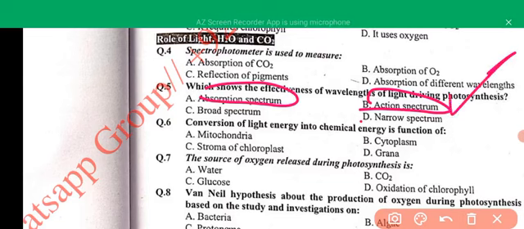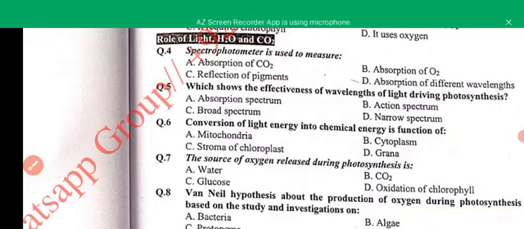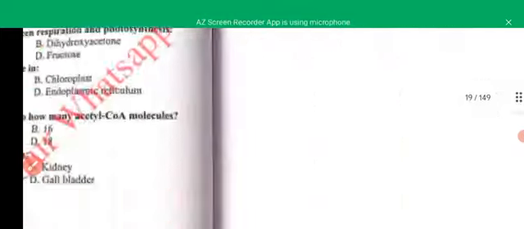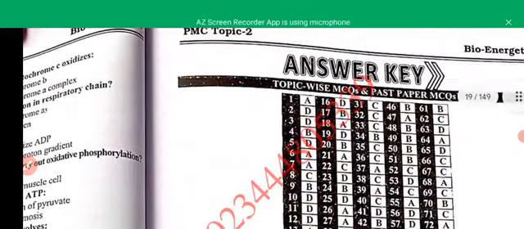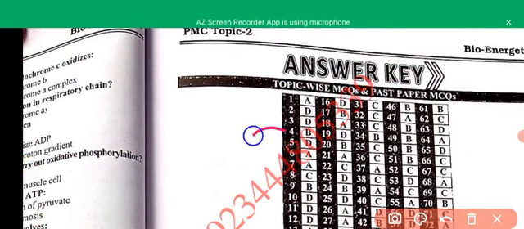So the correct option is action spectrum. Here the key is exchanged: the fourth option is D, and the fifth option is B.